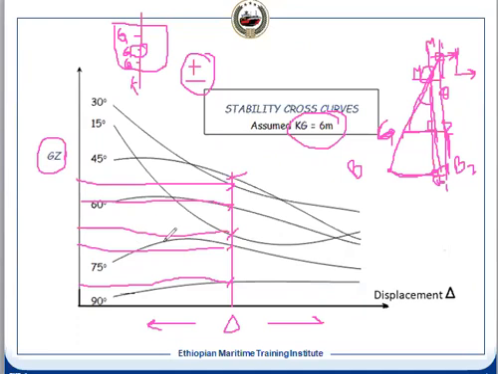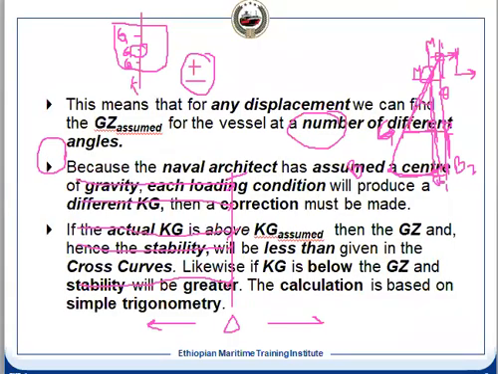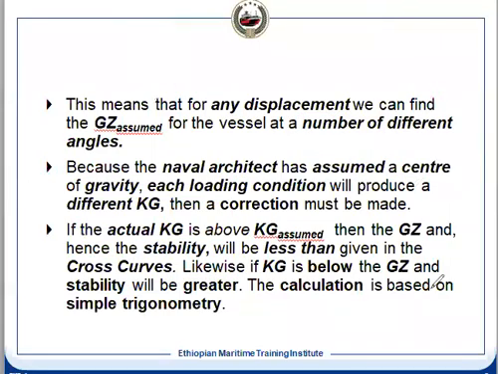So if it is clear, then let us see how the correction is made. The correction what we make, like in this case, what I told you is exactly the same thing written. What is the assumed ZZ? We take a number of different angles of heel.